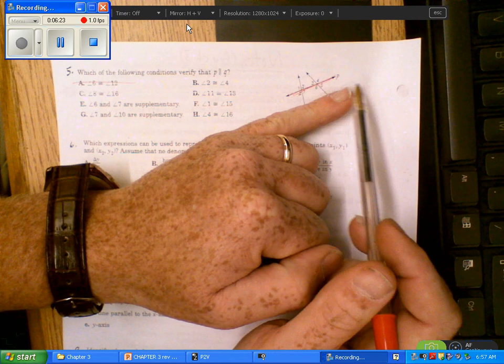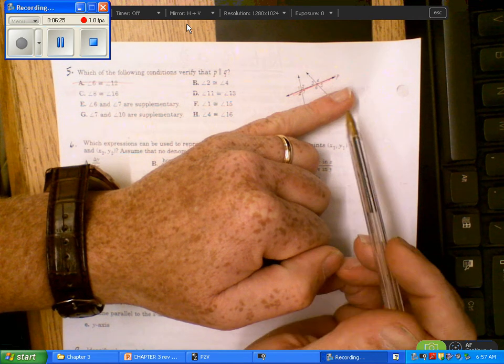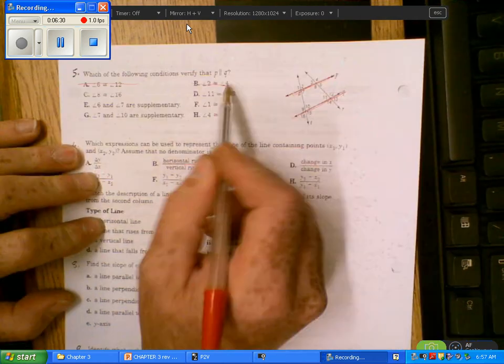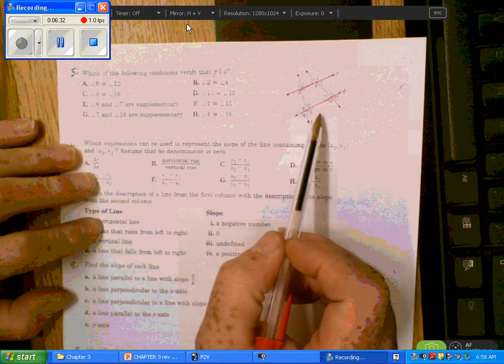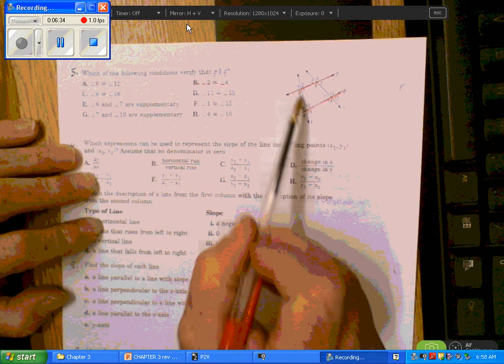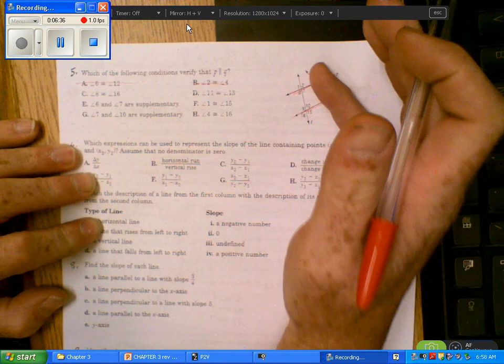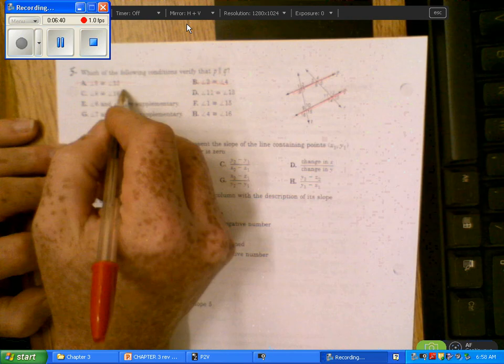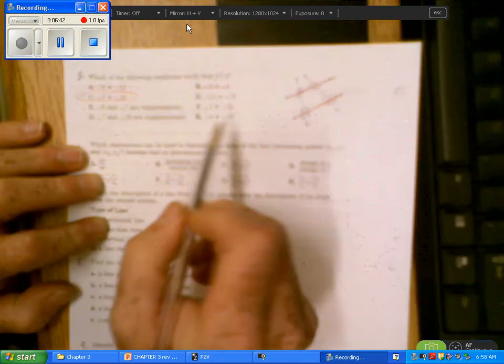But we're covering up line Q when we're trying to prove P is parallel to Q, so that doesn't help us. 8 and 16, angle 8 and angle 16 are corresponding angles, and if we cover up this over here, then that does help us because they're corresponding angles, so that one works.